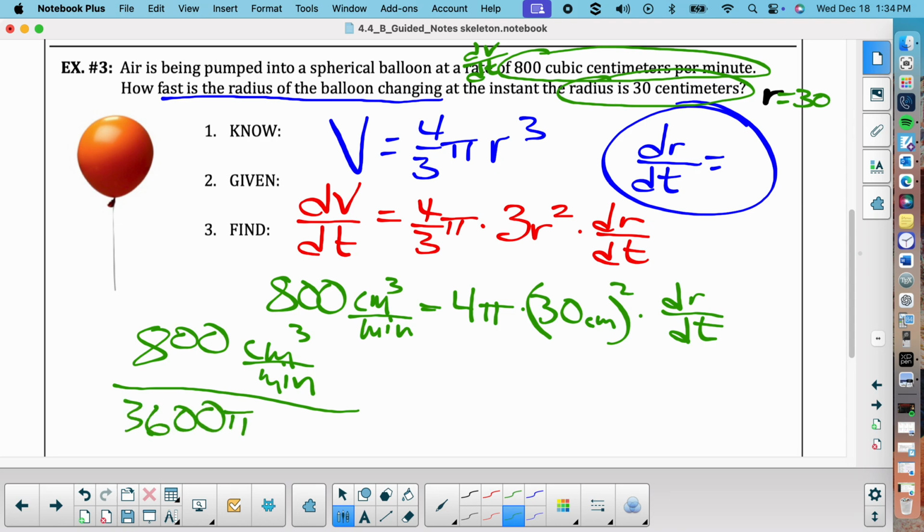Where did the 4/3 go? Cubic centimeters per minute divided by centimeters squared would reduce down to regular centimeters per minute, which is perfect because that's what dr/dt should be labeled.